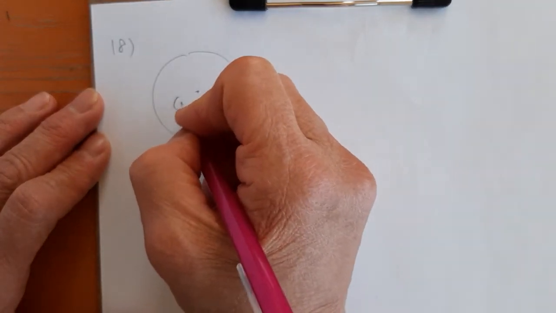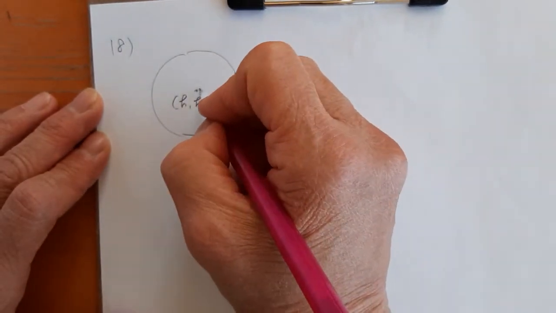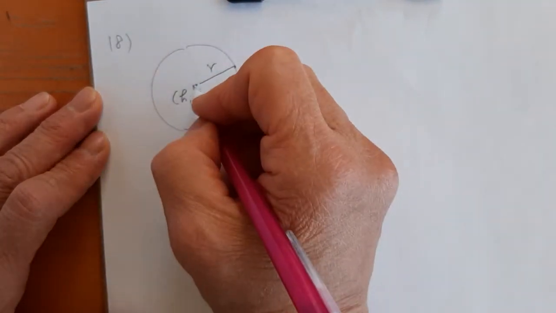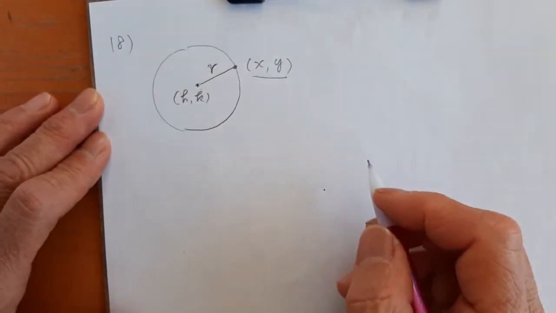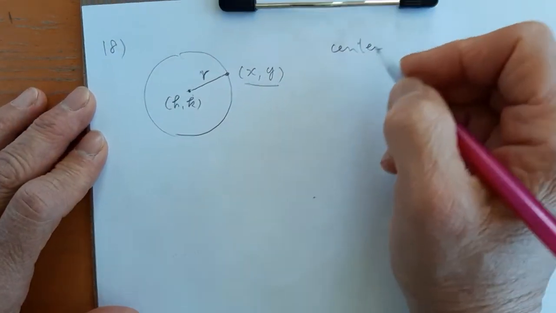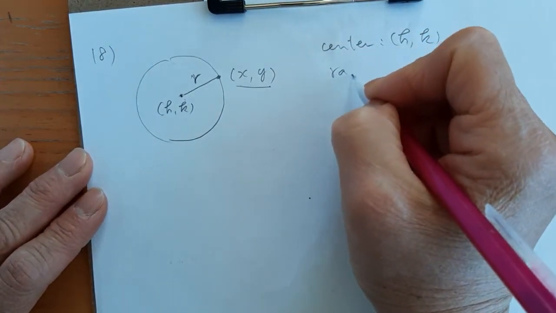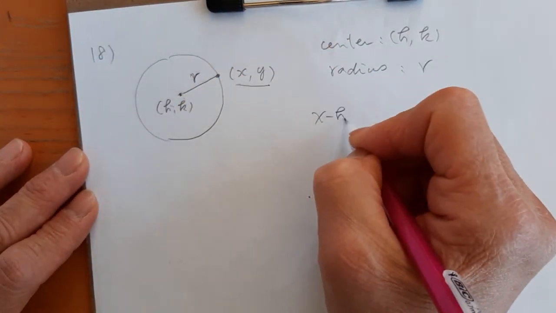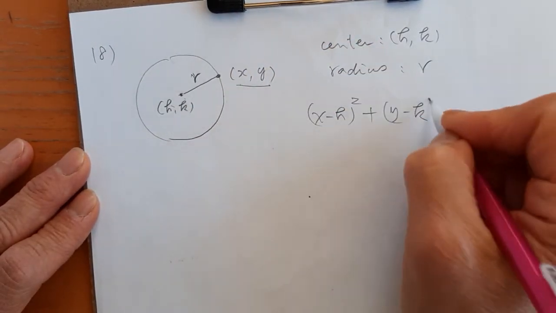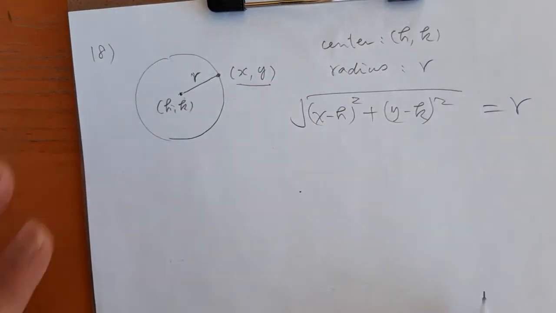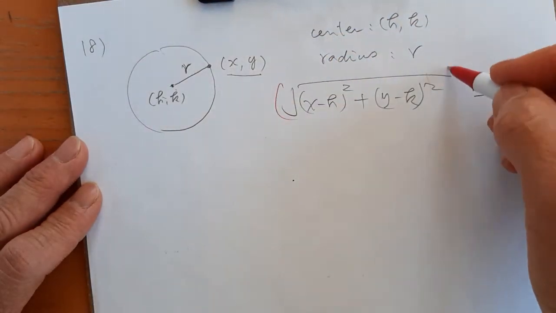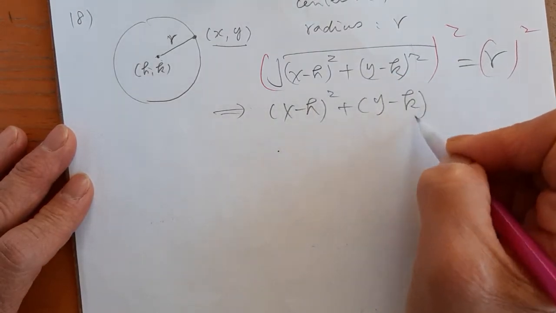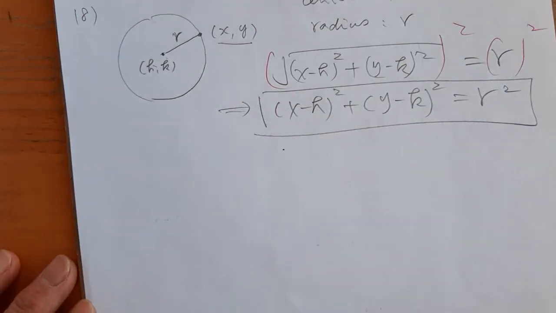For the equation of a circle, if the center is (h, k), and a point on the circle is represented by the variables x, y, the distance from the center to a point on the circle is called the radius, represented by r. Using the distance formula, the square root of (x minus h) squared plus (y minus k) squared is the distance r between the 2 points. Square both sides, and you get the equation of a circle: (x minus h) squared plus (y minus k) squared equals r squared. That's the equation of a circle.